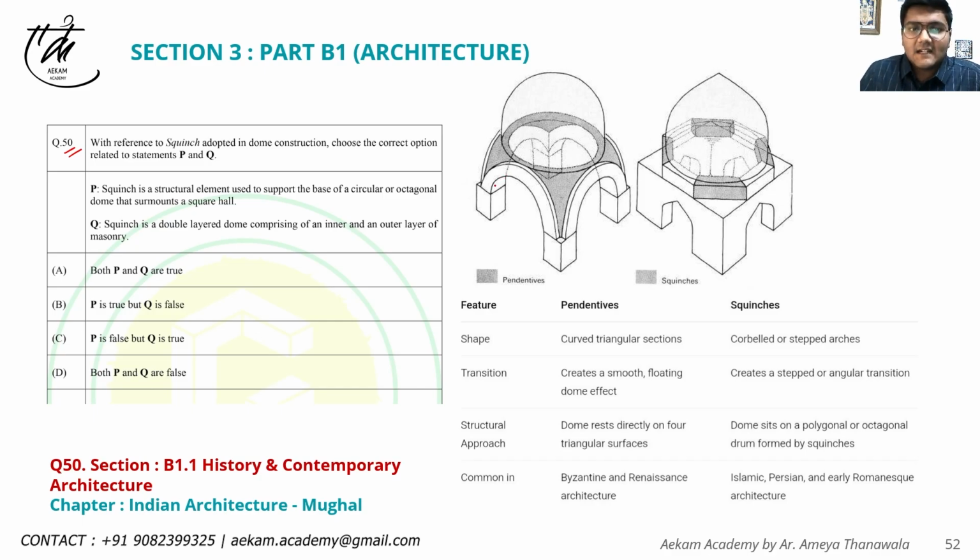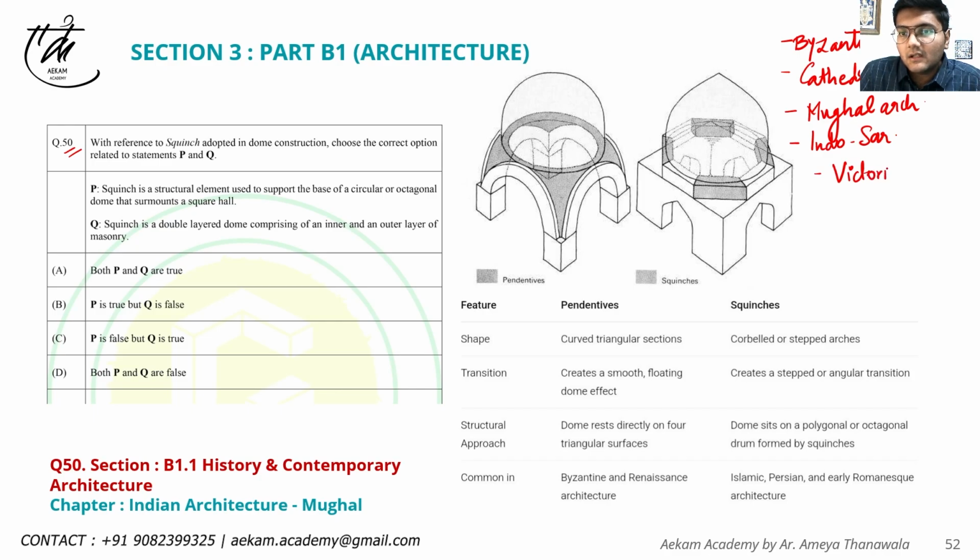Okay, so let's understand what exactly is squinch in dome construction. As we study the history of architecture, we have seen progressively in various civilizations and empires like the Byzantine Empire, different cathedrals, in India Mughal architecture, and also Indo-Saracenic architecture as well as a lot of Victorian architecture.